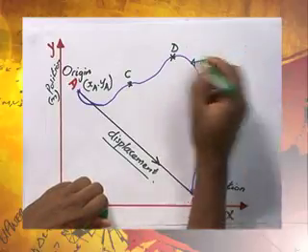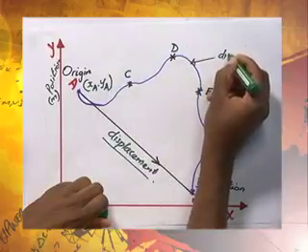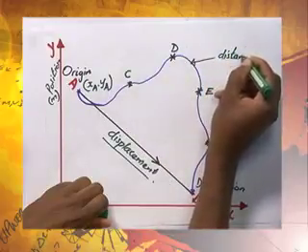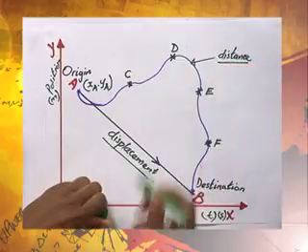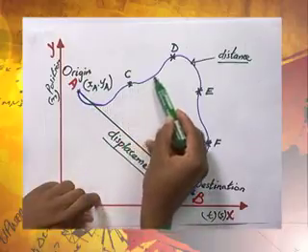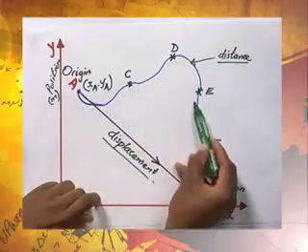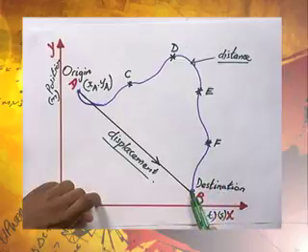Another thing that we need to understand, the second quantity that I'm going to introduce to you, is called distance. Okay, now what is distance? Distance is actually the path that has been taken in the whole motion. So that becomes the distance.